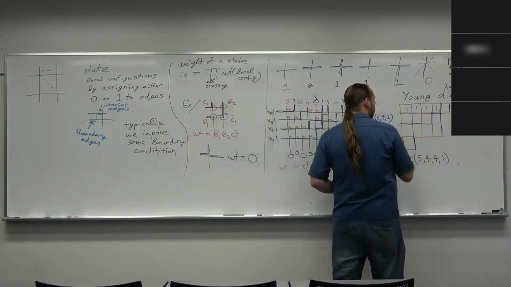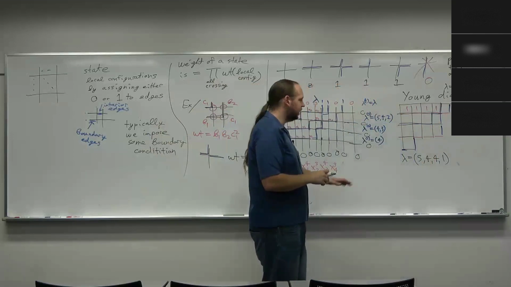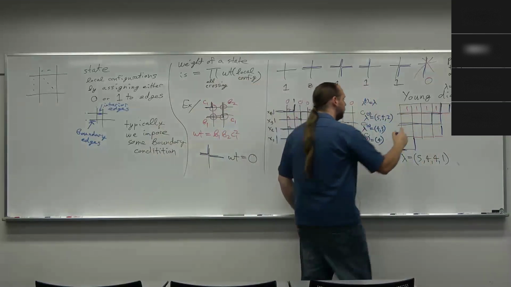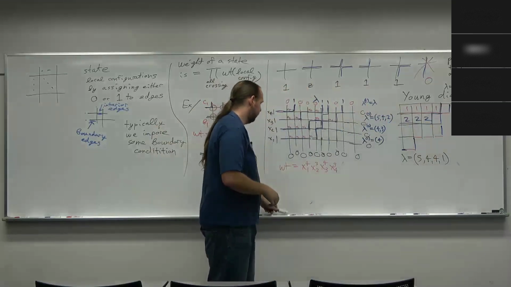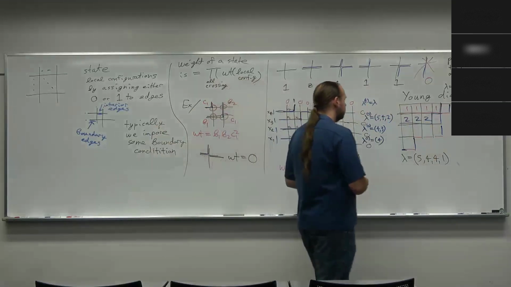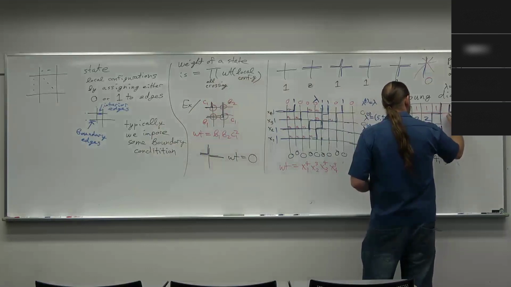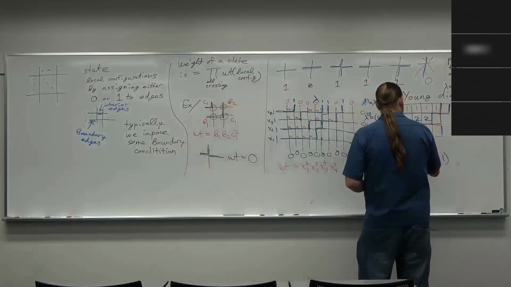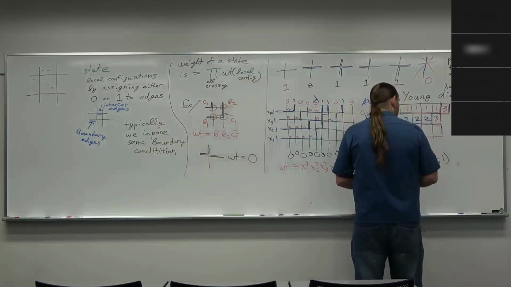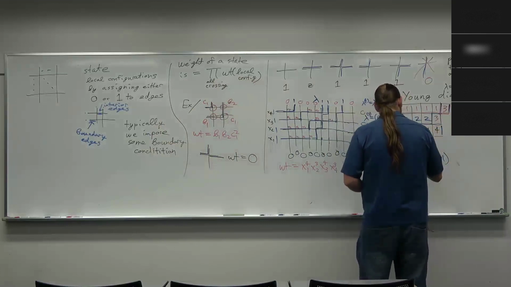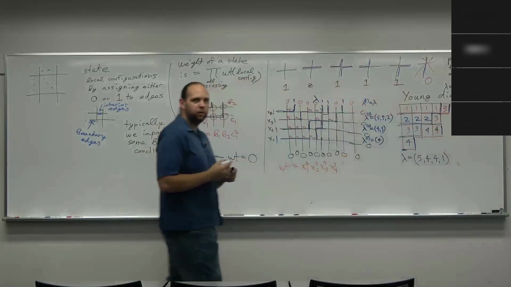Now let me fill in the new boxes that I see between lambda 1 and lambda 2 with 2s. And similarly, now I do with 3, so I have 5, 4, 2. And finally, the remaining boxes get filled in with 4.